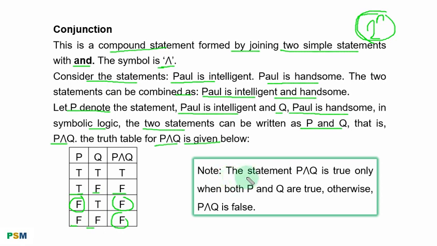Note, the statement P and Q is true only when both P and Q are true. Otherwise, P and Q is false. So, for P and Q, the outcome is only true when both statements are true.